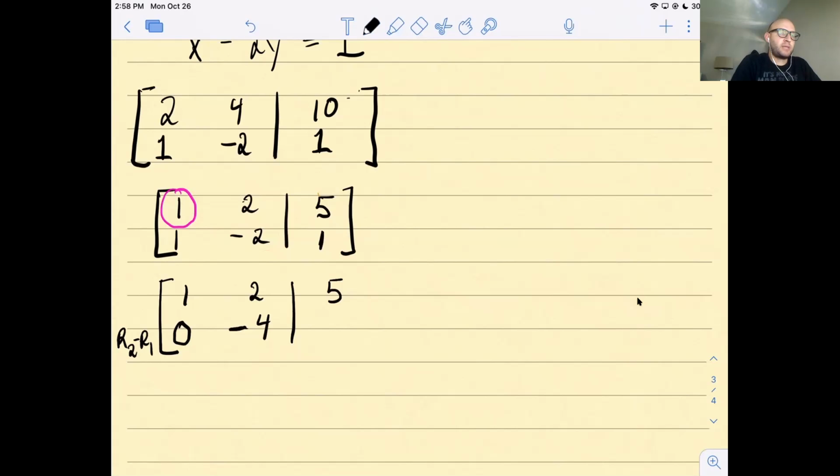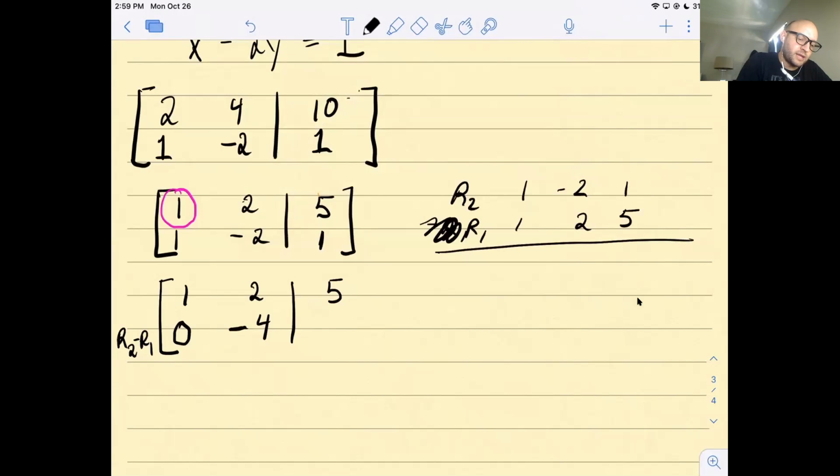Any questions on how I got minus 4 there? Thumbs up if you're comfortable with why I just wrote minus 4. Okay, don't understand minus 4. So R2 minus R1 really just means R2 from the previous step is this one, 1, negative 2, 1, and R1 is going to be 1, 2, 5.